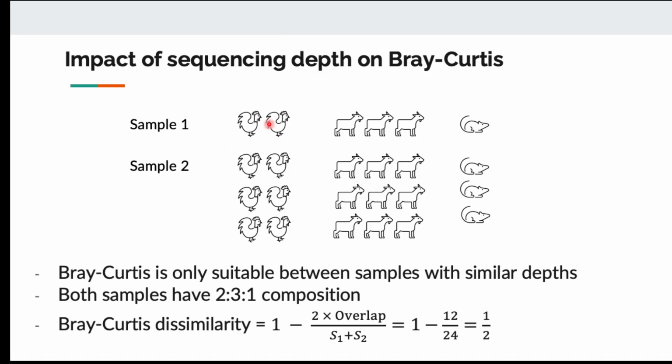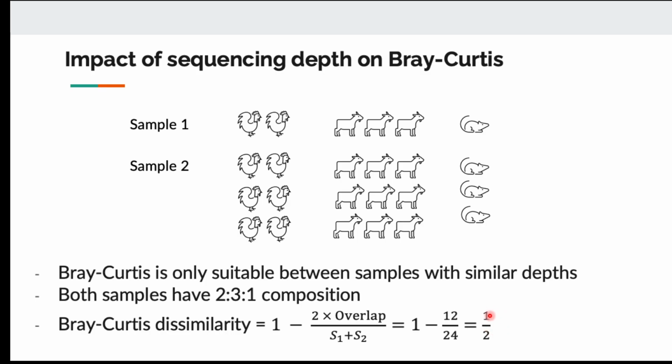So in this case, the overlap is going to be 2 chickens, 3 goats, and 1 mouse. The overlap is just 6 because sample 1 only contains 6 animals, only 6 reads. Your overlap cannot exceed that. And the union is very large. It's 24. So you have a Bray-Curtis dissimilarity of 1/2.